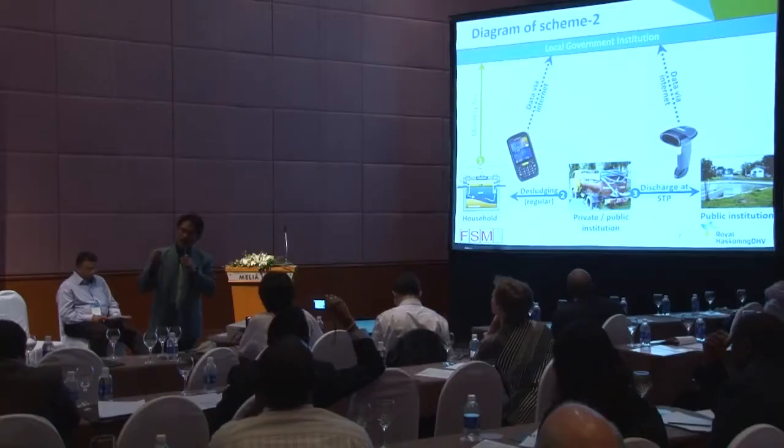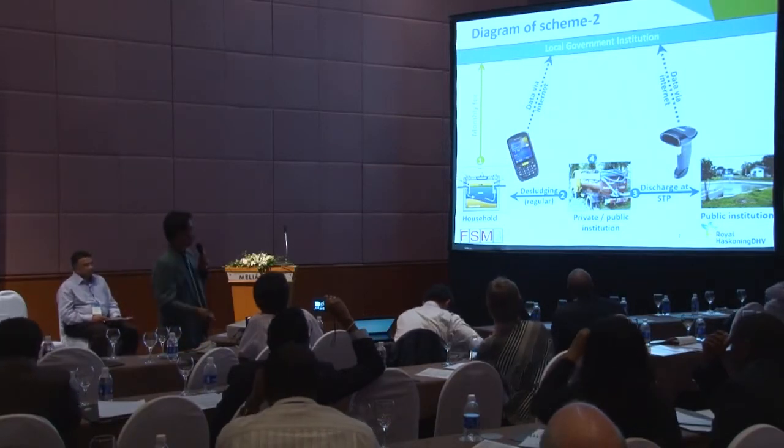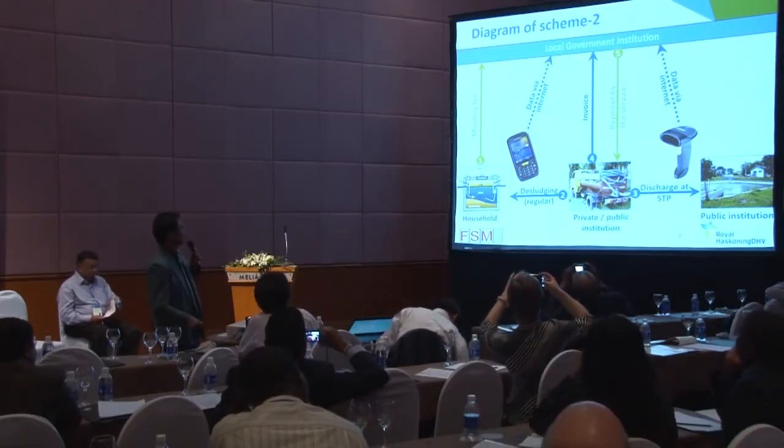So the next month when they come, they come with the bill. They can also inform in advance by sending an SMS: your sludge has been collected, so next month you need another payment. And this is a common payment. Okay, next. This is the scheme that I proposed.